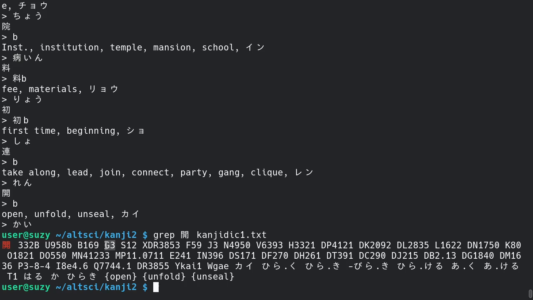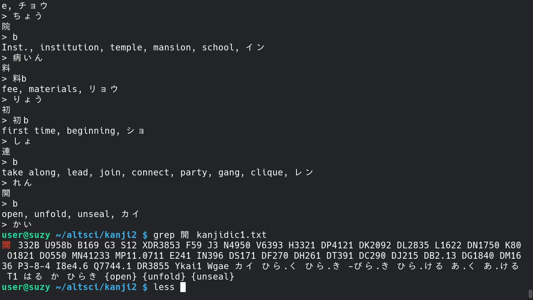Like this is grade 3 and it's got 12 strokes, and this J3 means something. I don't really care. But it also has radicals, which are really important. No, it doesn't have radicals. The Rad K file has it.